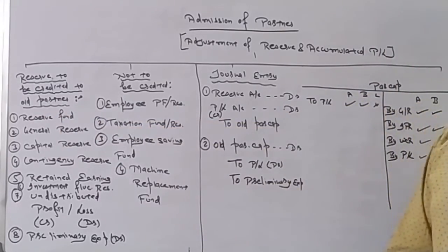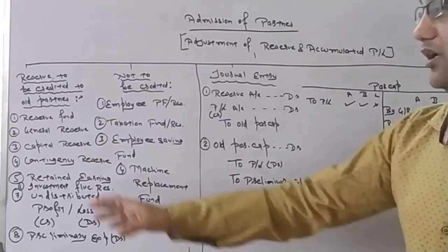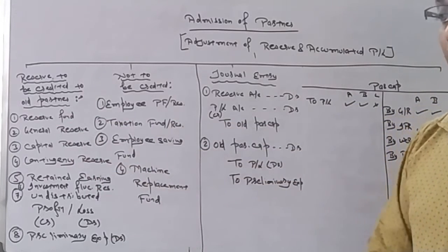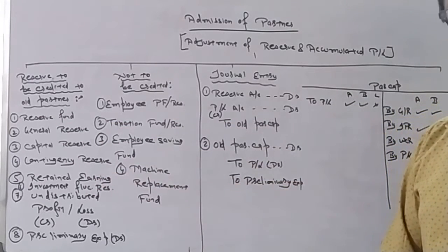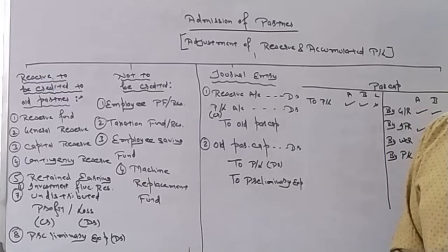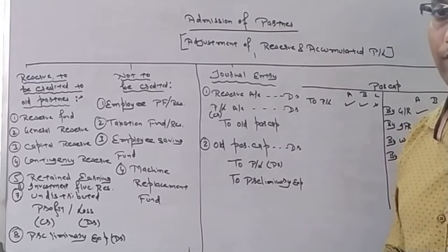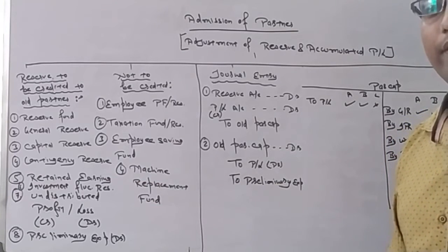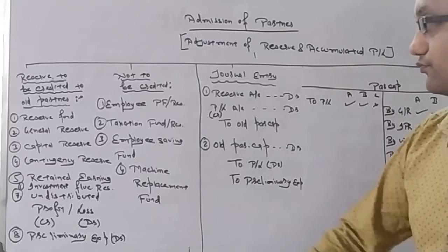Reserve fund, general reserve, capital reserve, contingency reserve, retained earning, which means general reserve. In your exam, they can give you the word general reserve or they can use the word retained earning. It doesn't matter to you.